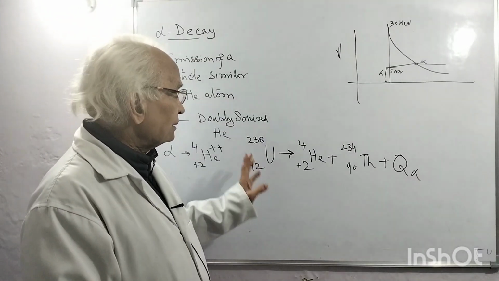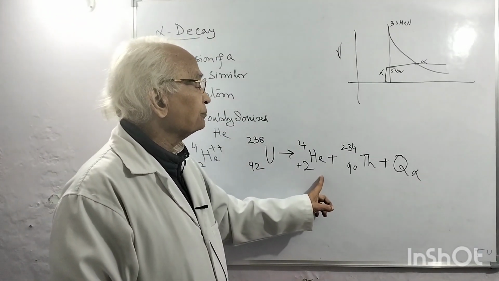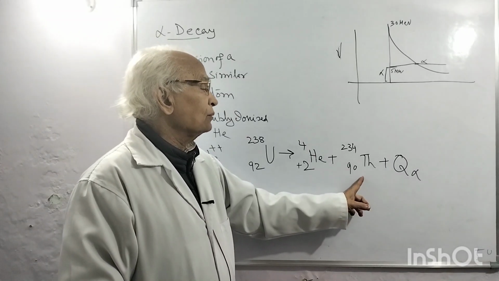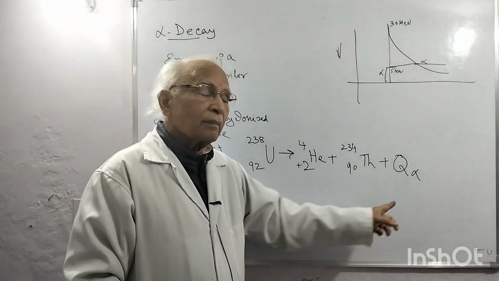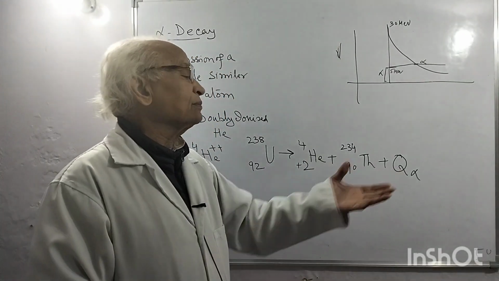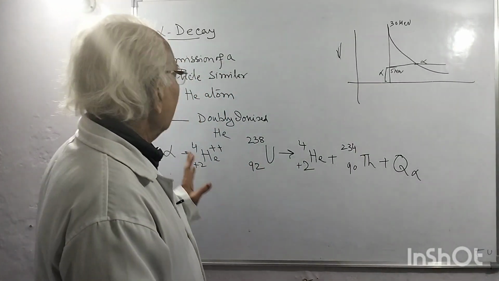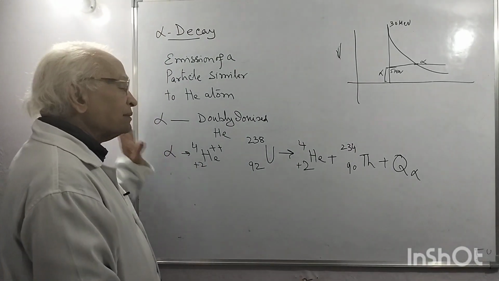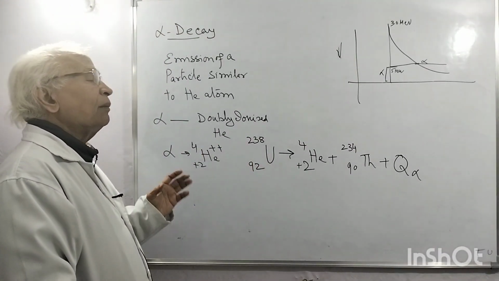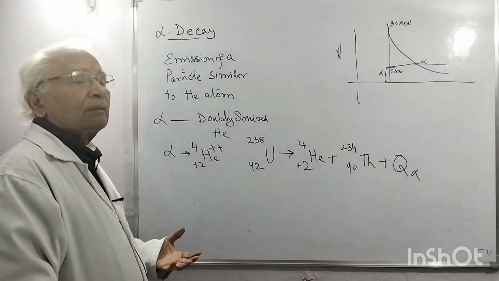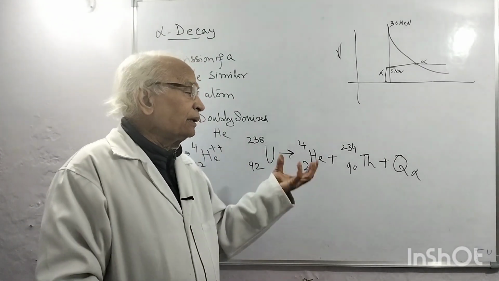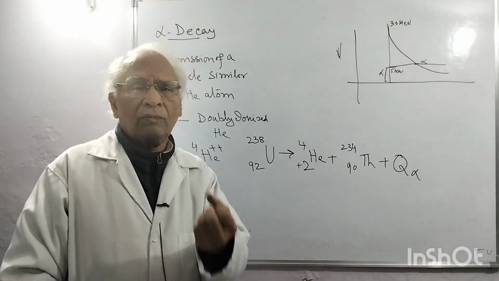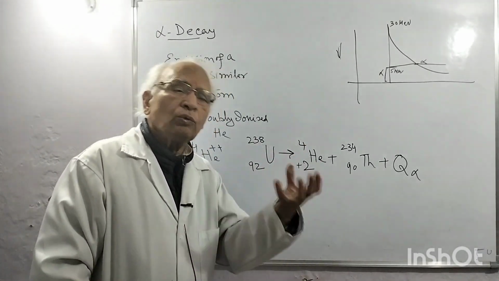So uranium decays to an alpha and the thorium residual with Q alpha positive. So this decay is possible. So the alpha particle, though it doesn't exist inside the nuclear system, is coming out because at the time of decay it is produced by a combination of 2 protons and 2 neutrons.